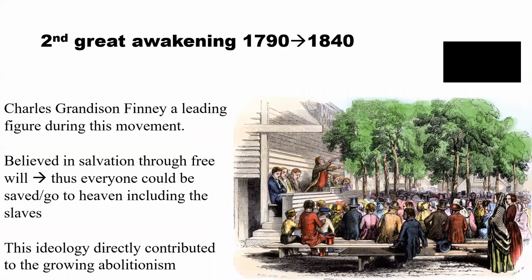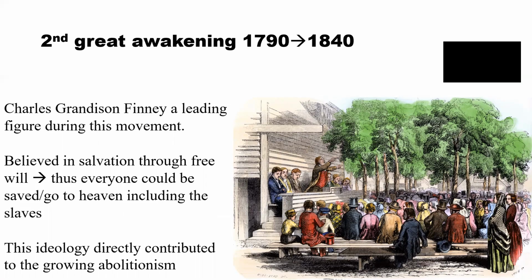And now let's talk about the Second Great Awakening. It is really important because it advocated the idea that salvation can be achieved through free will, rather than before, when the Puritans believed in predestination. This idea is really important to African Americans because it basically implies that everyone could be saved and go to heaven, including the slaves.